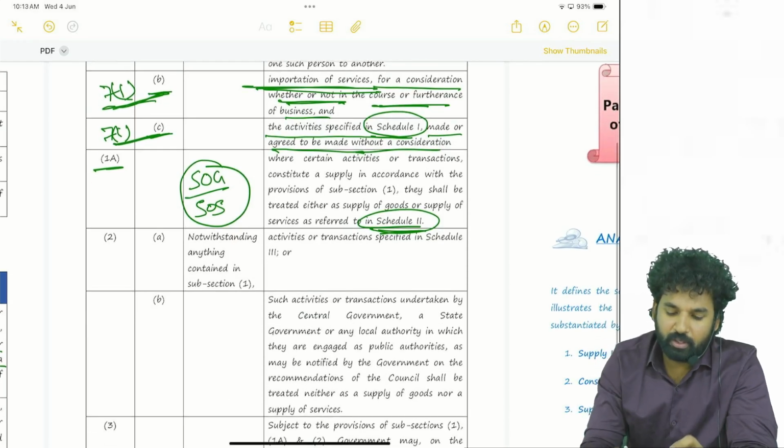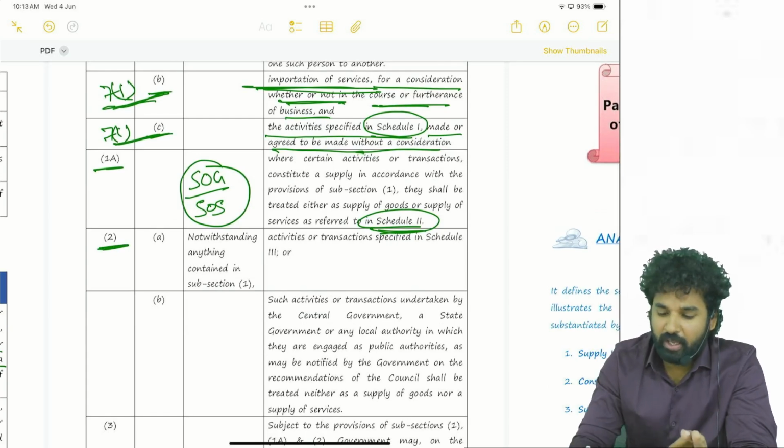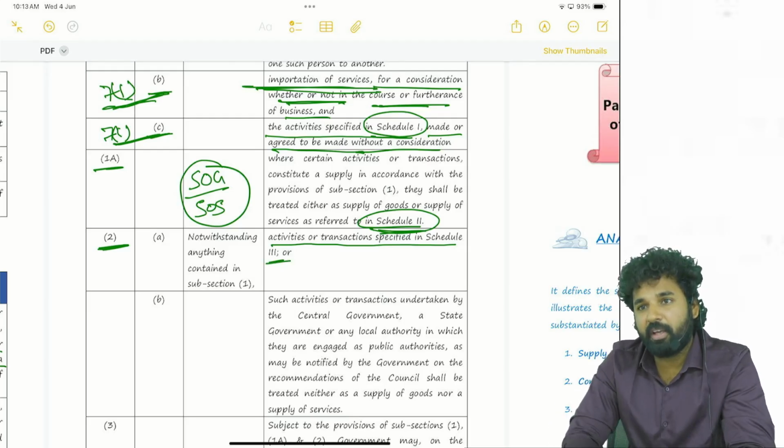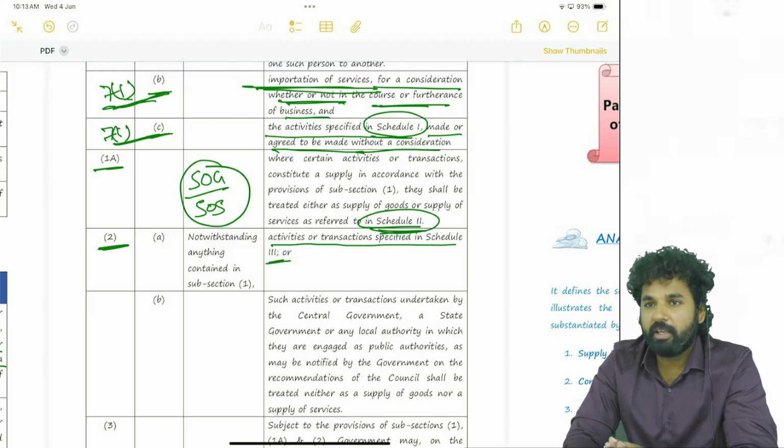Right. And section 7 subsection 2 is telling that activities or transactions specified in schedule 3 shall be neither a supply nor attracted to GST.